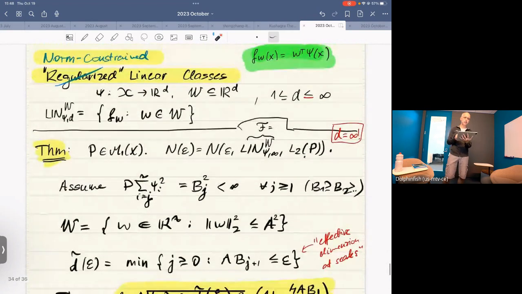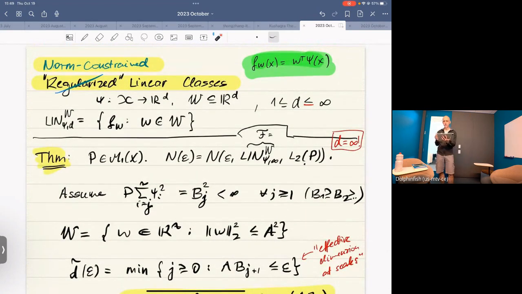All right. Okay. So one more case, which is a little bit similar to the previous one, is norm constrained linear classes. So basically, you take a linear class, but it works with some feature extractor. So psi is extracting features from the domain. X doesn't have to be a Euclidean space; it's just whatever, graphs, whatnot, like molecules. And then you take these linear functions.